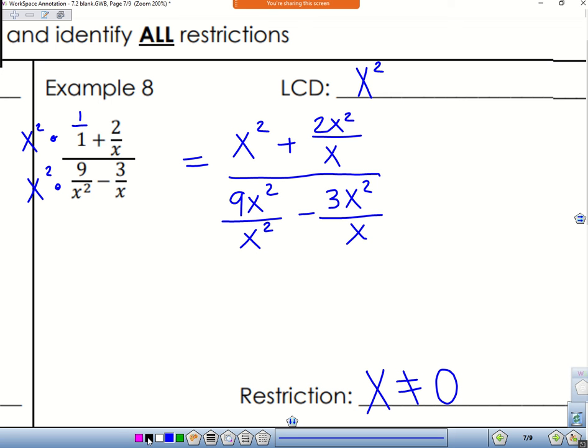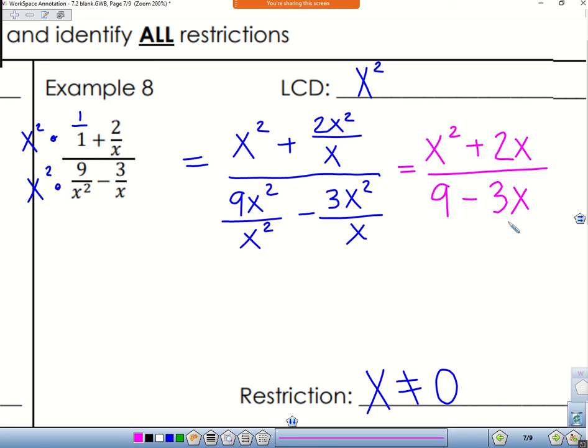So now we're at this stage. We multiplied everything by x squared. Now we're going to simplify where possible. So this is going to become x squared plus, what's x squared divided by x? 2x. All over. What happens down here? 9x squared divided by x squared is just 9. And then 3x squared divided by x is just minus 3x.